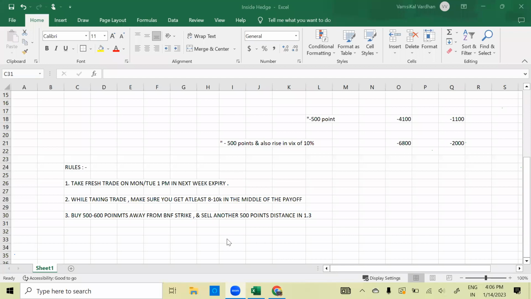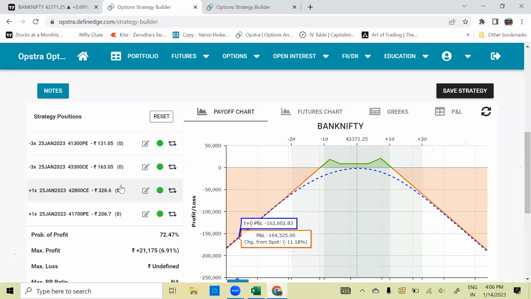The distance of the hedges is not equal. Hedge prices are definitely not equal, because put options are always a little higher, and call options are not that much higher. That is one thing.